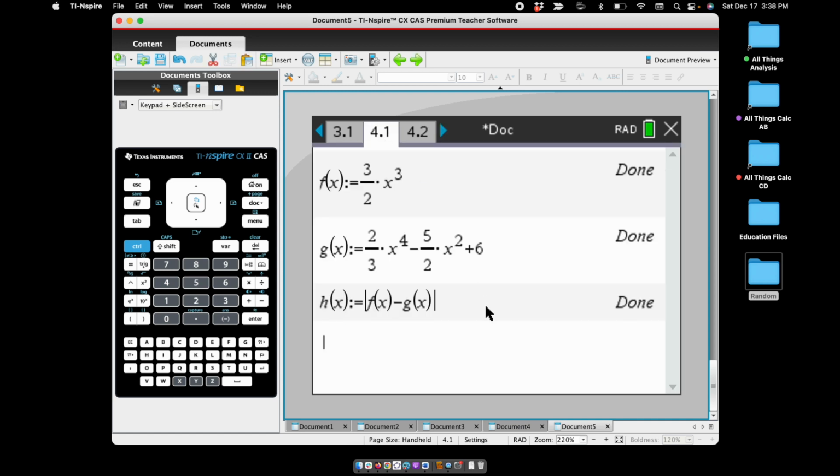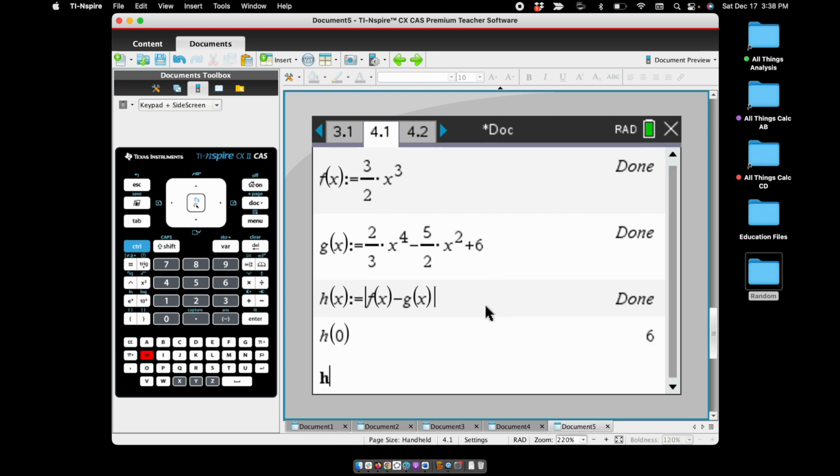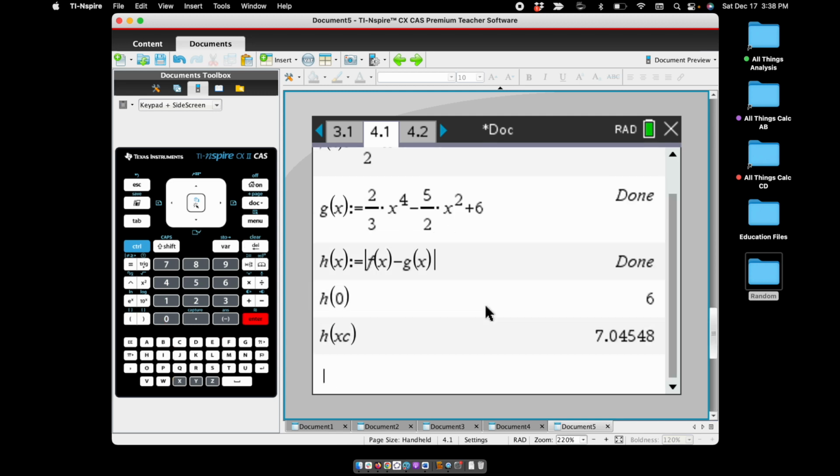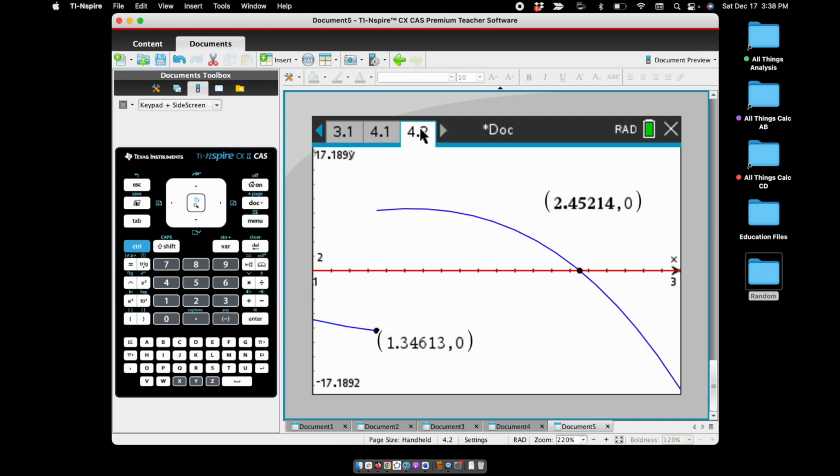So if I do h of 0, and if I do h of the x coordinate that I found, it looks like the maximum is at that value, which I did not write down. So what am I gonna write here? Equals 0. I don't know. 2.452. I'm gonna go back to the written part in a second.